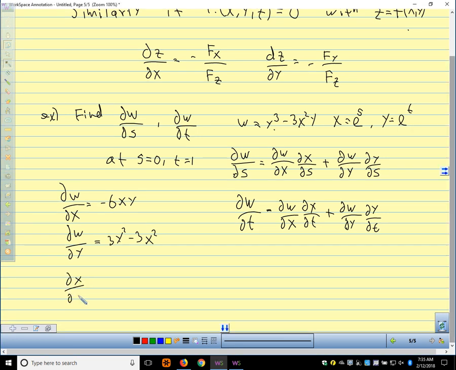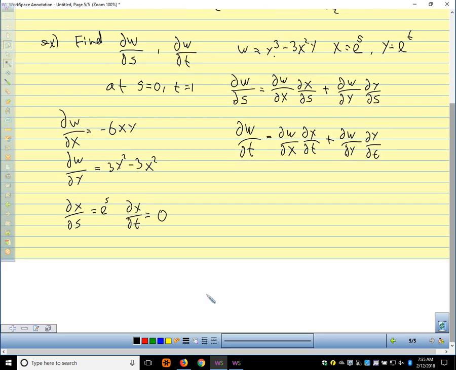Partial of x with respect to s is e to the s. Partial of x with respect to t is 0. So that's nice. And then the partial of y with respect to t is e to the t. And the partial of y with respect to s is 0.